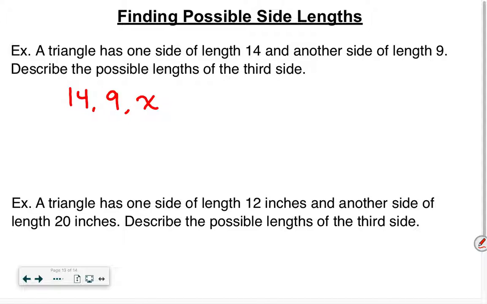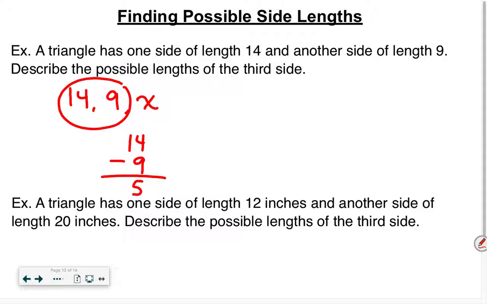How we find that range is we're going to take these two numbers that they give us, and we're first going to subtract them. What's 14 minus 9? 5, okay? That's going to be the bottom of our range. It can't go anything beneath 5. It can't be 5 either.